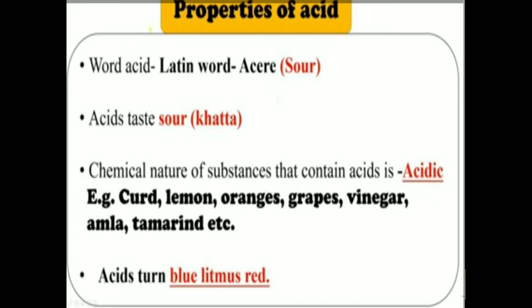These substances taste sour because they contain acids. The chemical nature of such substances is acidic. The word acid comes from the Latin word acer, which means sour. The acids in these substances are natural acids.